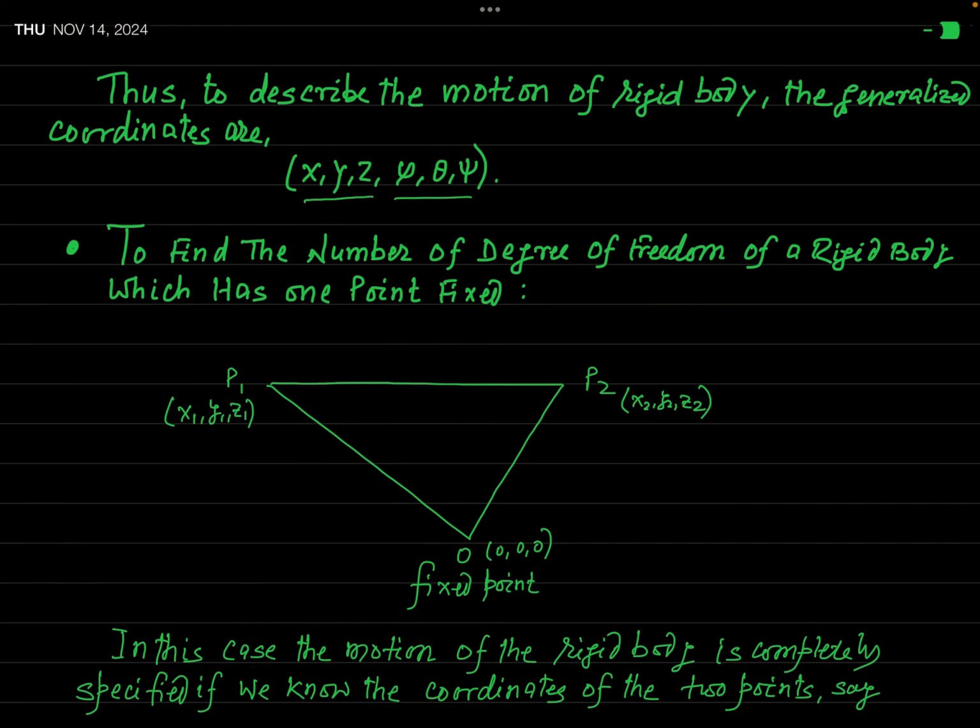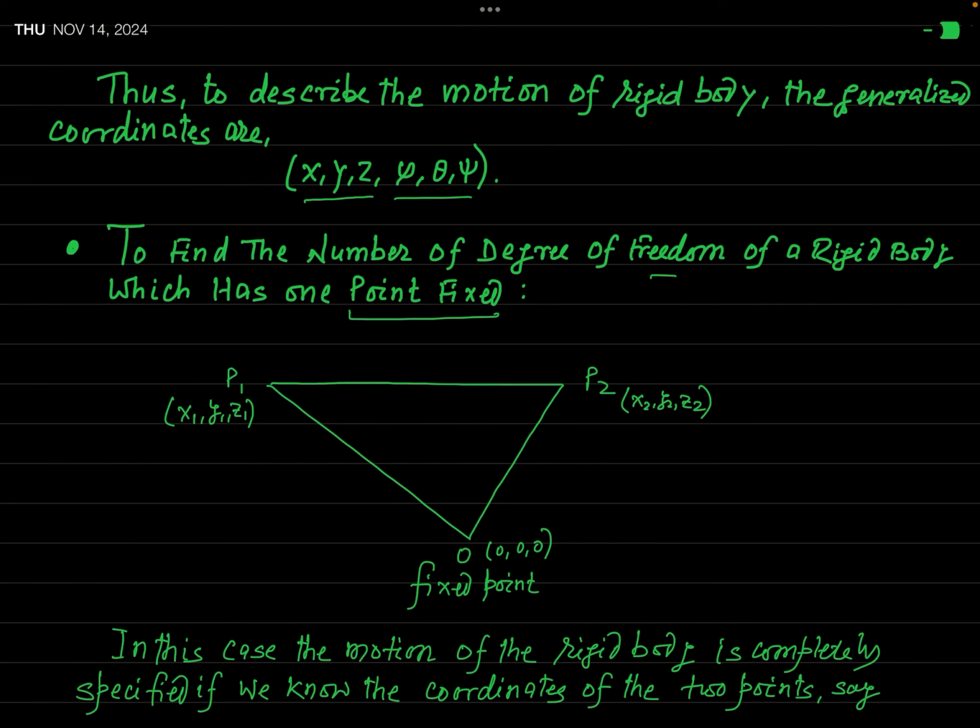For example, here I have discussed a very important example. I have written that to find the number of degree of freedom of a rigid body which has one point fixed. Actually, this is a very important example. When in our forthcoming lecture we will learn about Euler's equation of motion, then you will see we will consider a rigid body which will be fixed at one point.